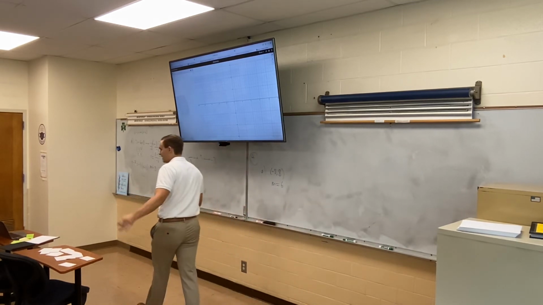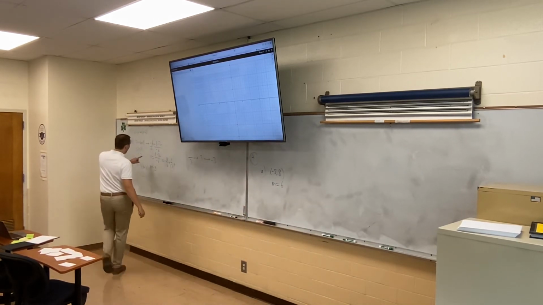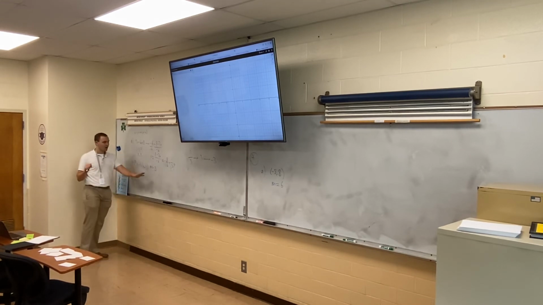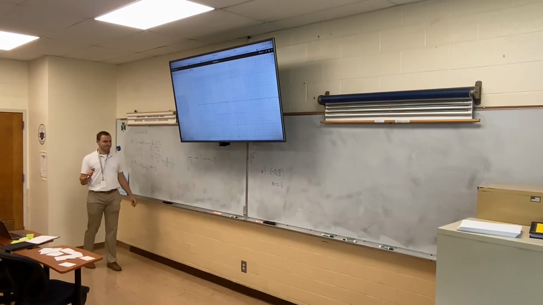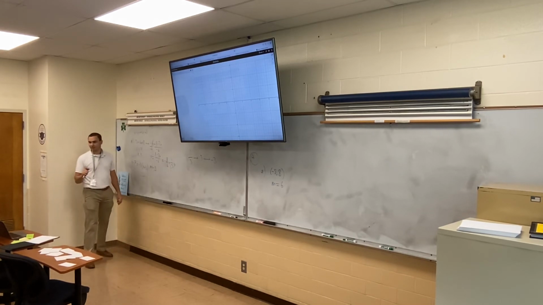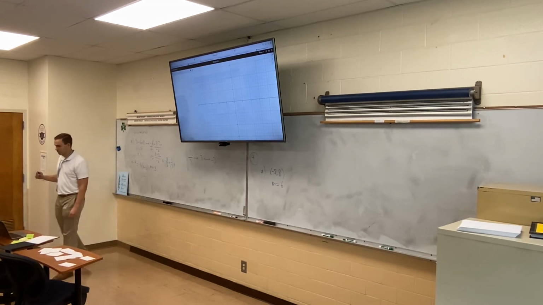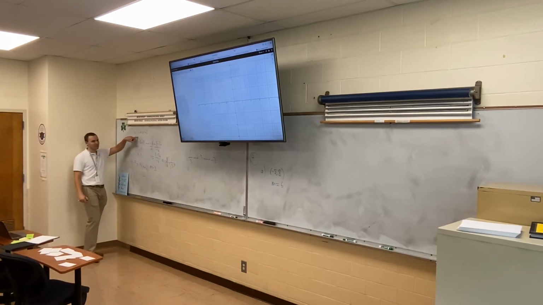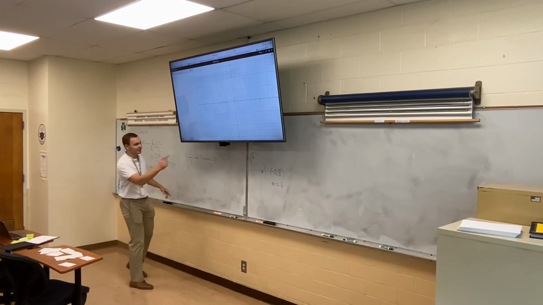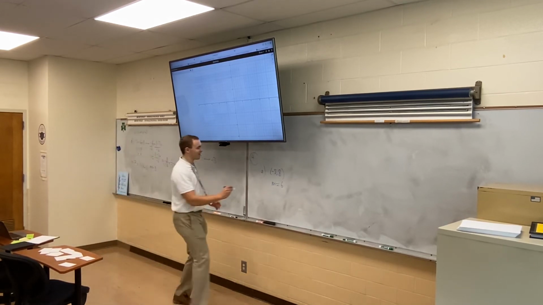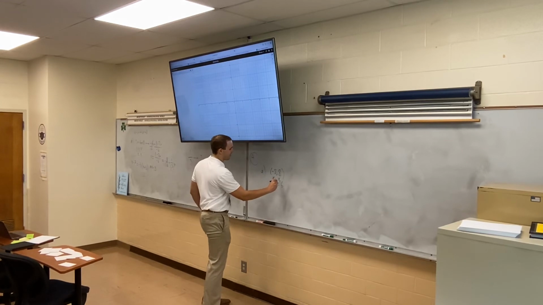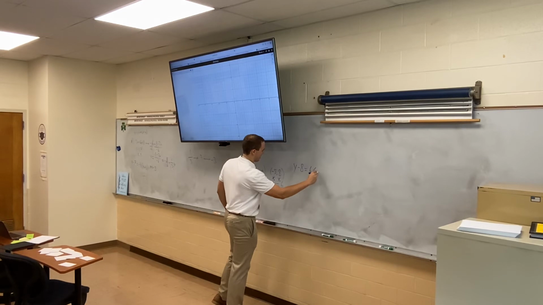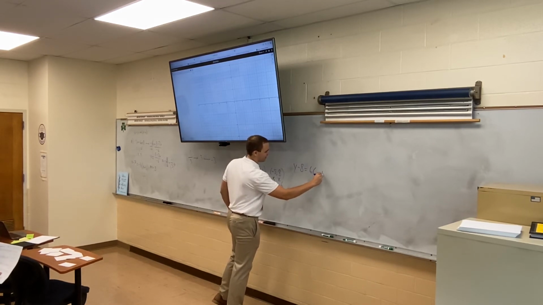Yes, slope-intercept form means I write the equation of the line and I solve for y. I have everything I need for point slope form. If I asked you to write this in point slope form, easy money, right? I have my x1, my y1: y minus 8 equals 6 times x minus negative 5, which is plus 5.